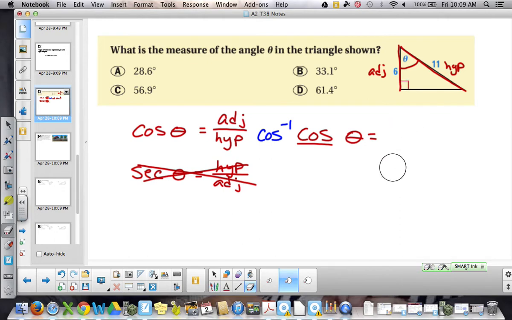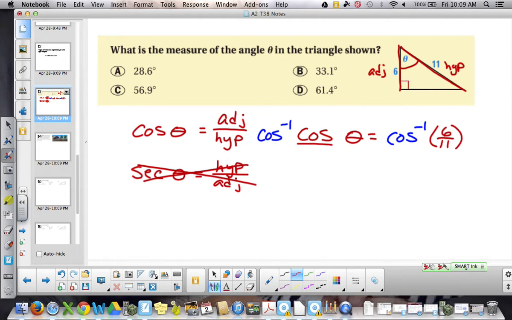And then over here, we'll take the cosine inverse of 6 over 11. Right? So again, these two things cross each other out, and we're left with just theta equals cosine inverse of 6 over 11. So how do we do this cosine inverse?